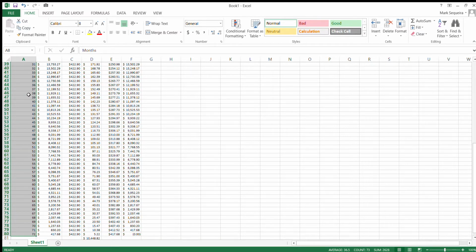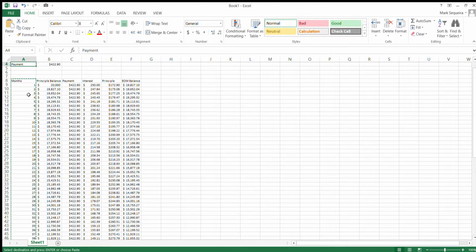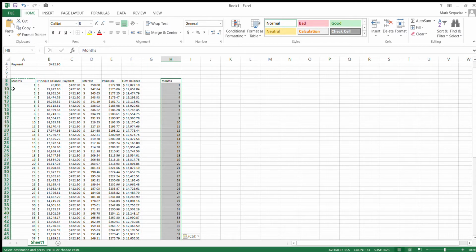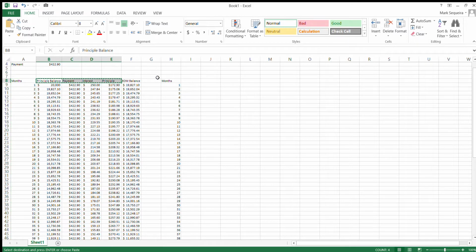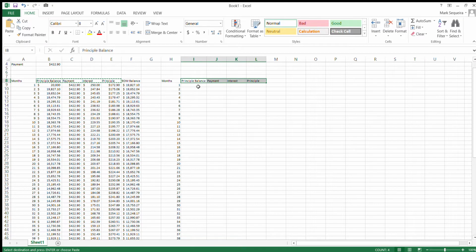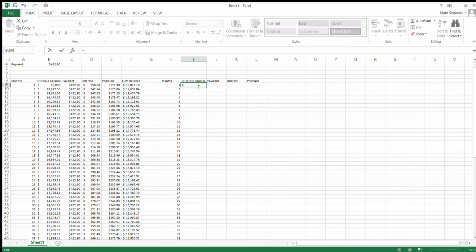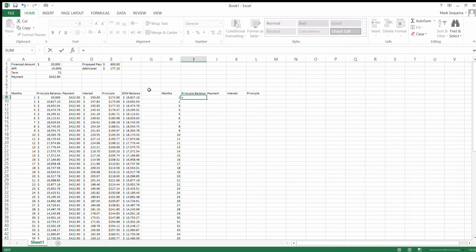What we're going to do here is create another one of these. Very quickly, I'll move a little faster this time, just so we can get to the good part.